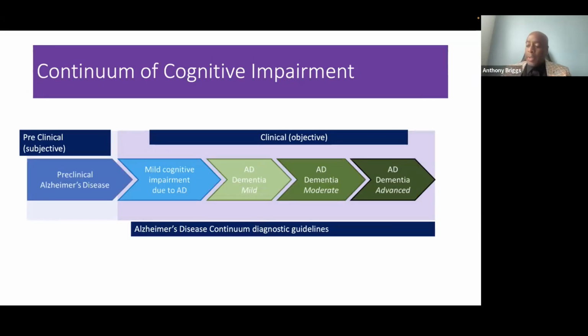Subjective cognitive decline is measured through self-reports. Some scholars will use the Cognitive Change Index, or CCI, or they'll use actigraphy to measure. Mild cognitive impairment and Alzheimer's disease are measured through clinical cognitive performance and neurological assessments.